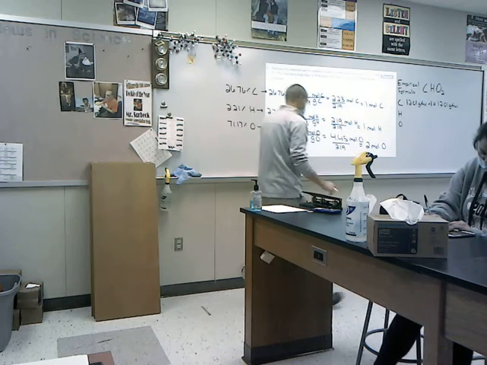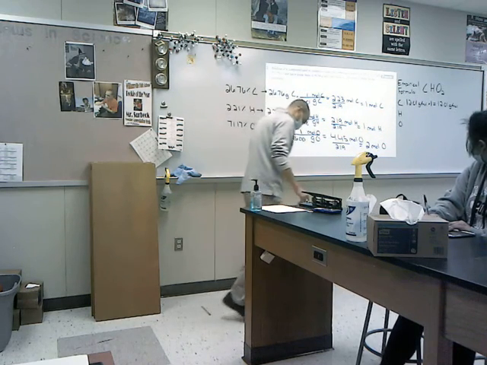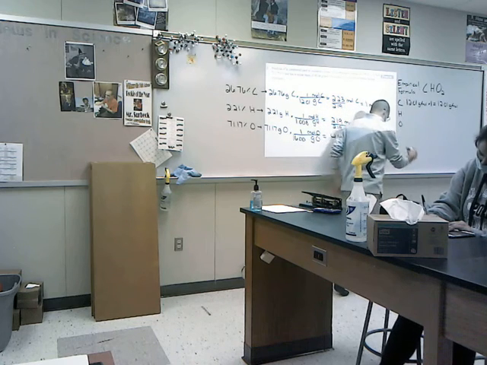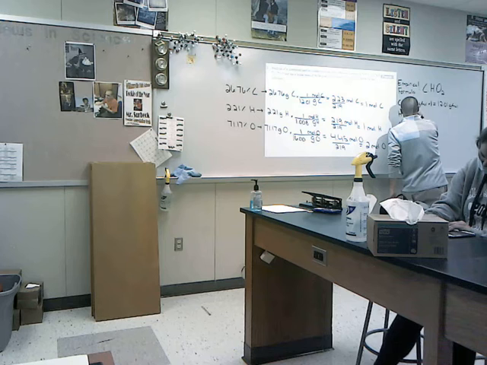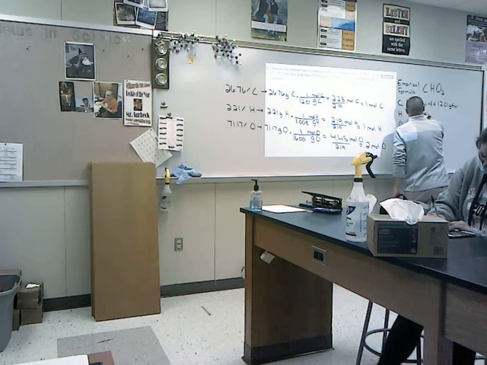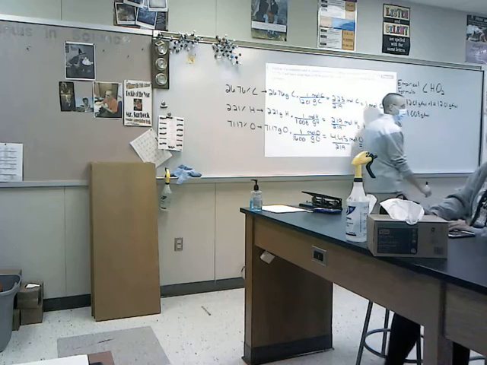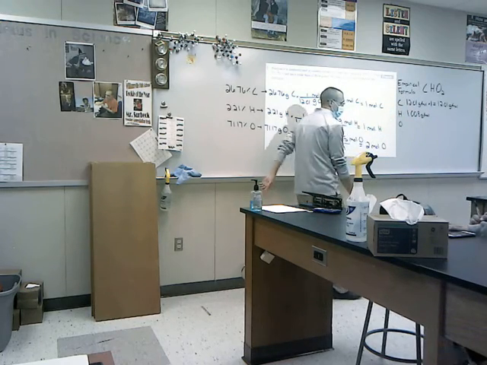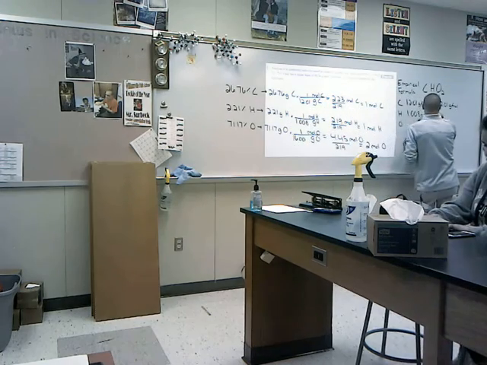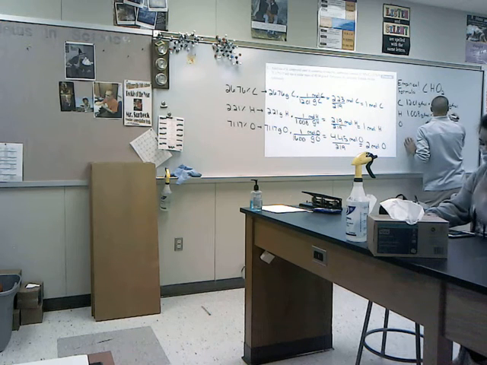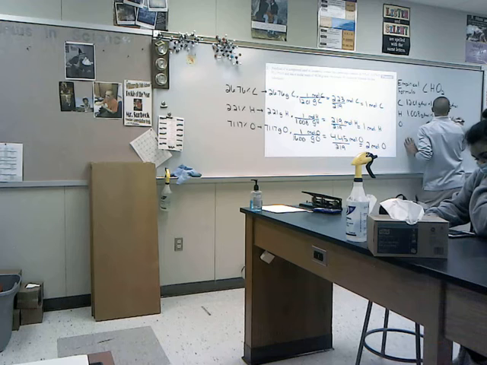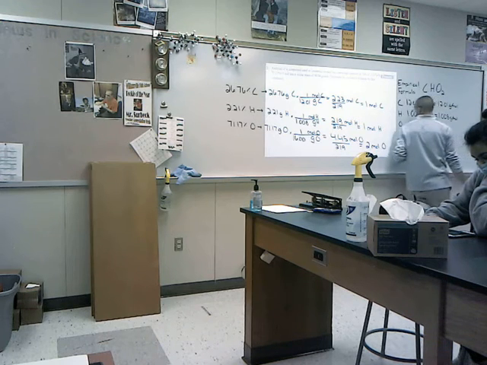Hydrogen, what's the molar mass there? Yep, 1.008 grams per mole. How many H's do we have in our empirical formula? We have 1. Again, that makes it real nice because we have just 1.008 grams per mole.